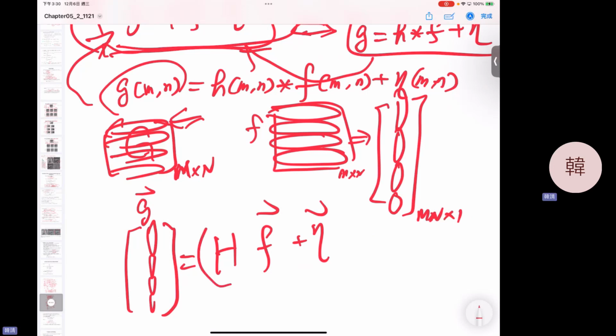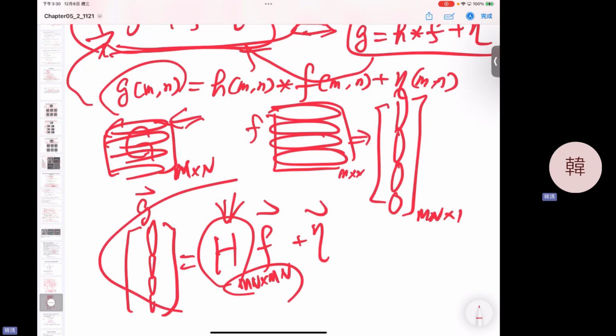So what's the size of H? We call it a block circular matrix. It's also circular. If you have time, please do it step by step like previously, when we were 1-dimensional, and this becomes an MN by MN size for this big matrix. But this matrix is always a sparse matrix, so the computation is very efficient. So again, for 2 dimensions, how do you do it?